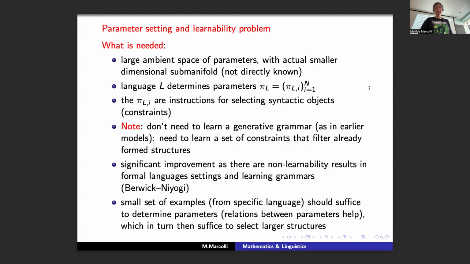So for the moment, that's everything I want to say about parameter setting and cutting down the space to the appropriate externalization. As I said, if I have time, I might return to that a bit later.